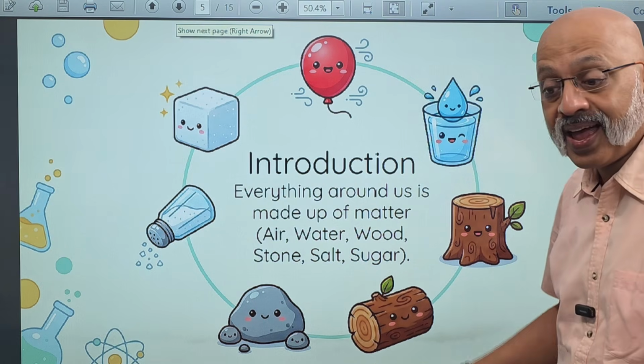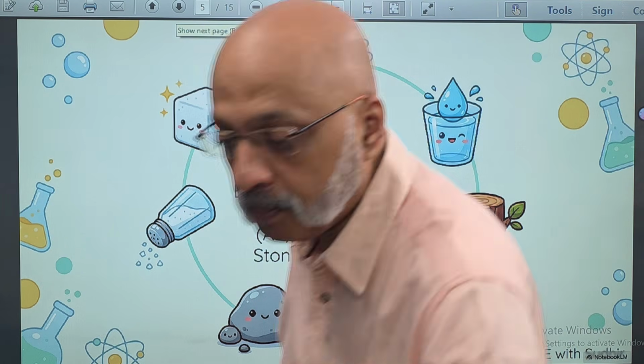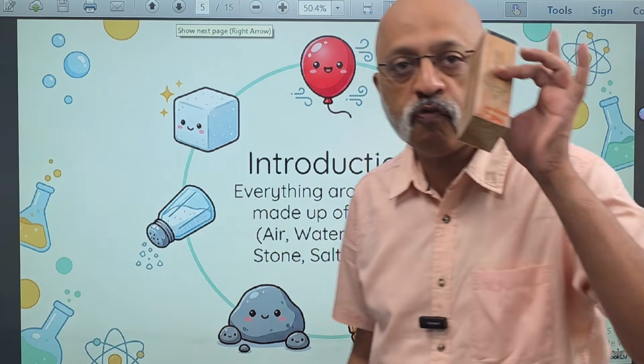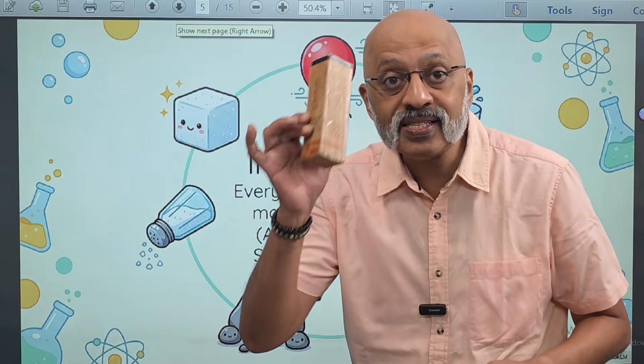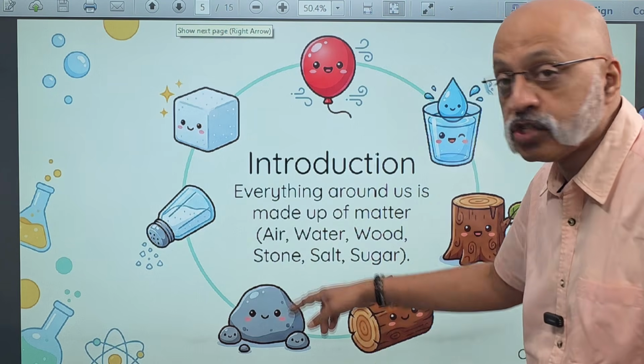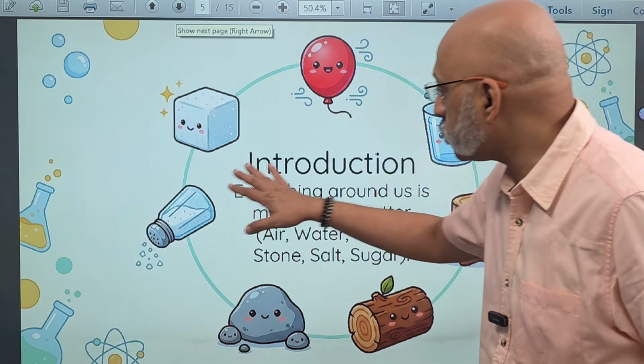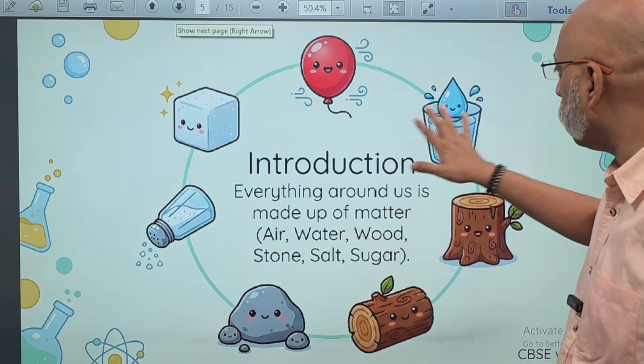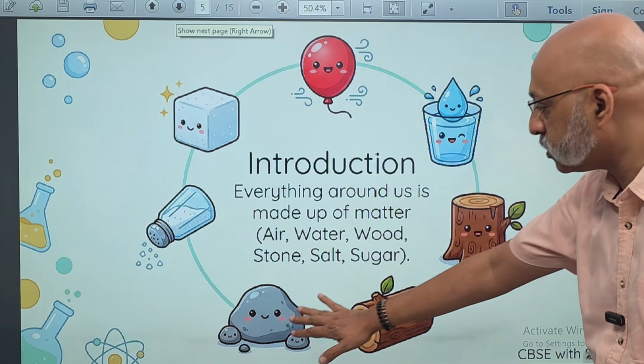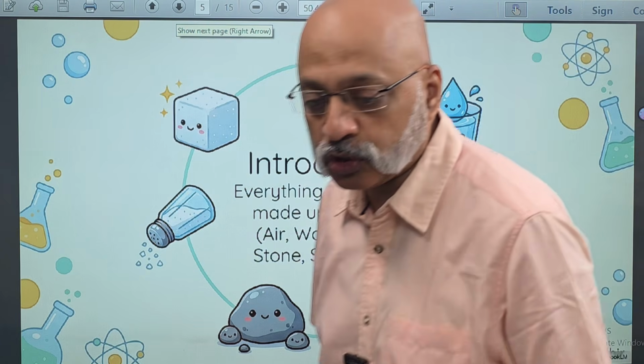Water, wood, any piece of wood is actually matter. For example, this piece of wood that I use as a paperweight is actually matter. Similarly, stone, what I showed you, salt, sugar, air, water, wood pieces, stone, everything is actually matter.